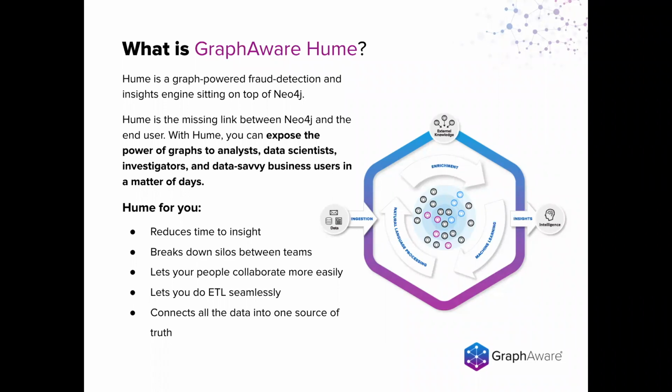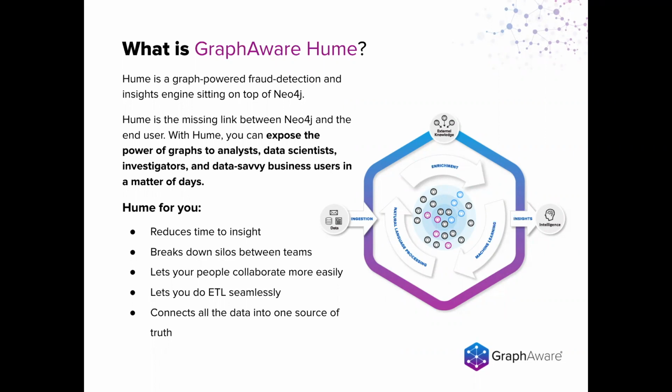And finally, connecting all the data into one source of truth. We refer to this as well as the organization's second brain, where all of your data and all of your knowledge is connected and integrated in one place, which makes it very easy to work with.